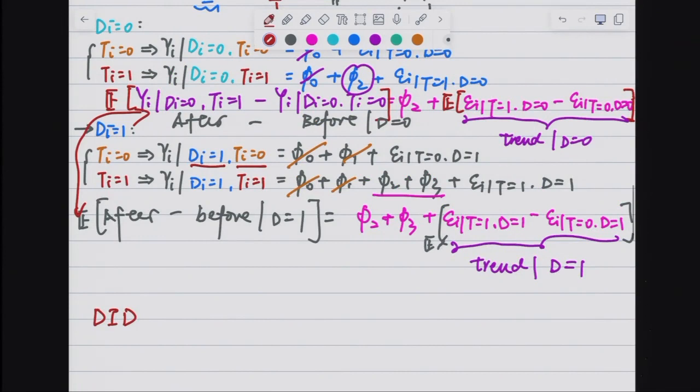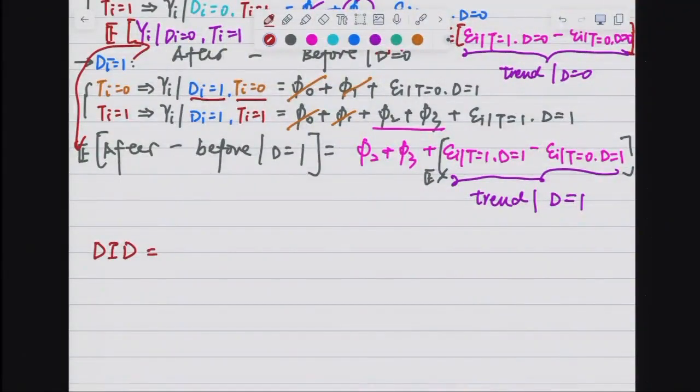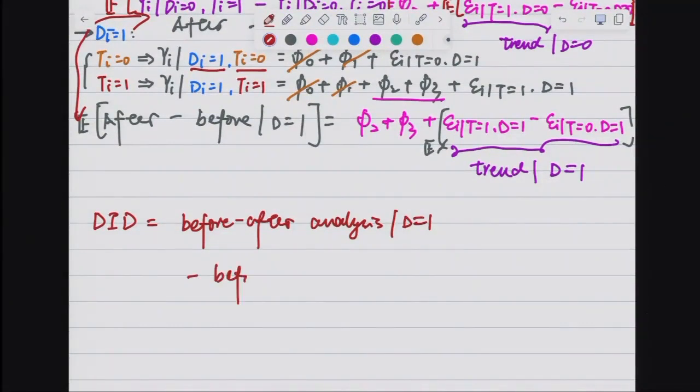So the over-time difference, the before-after analysis given you're in the treatment group, minus the before-after analysis given you're in the control group.